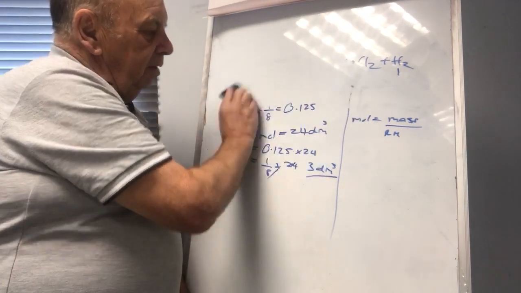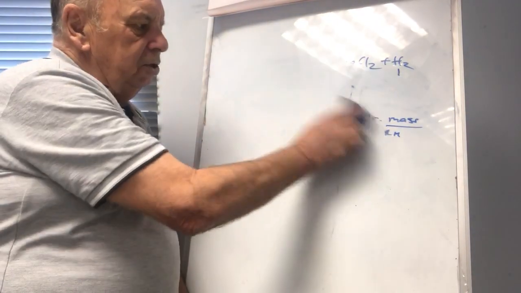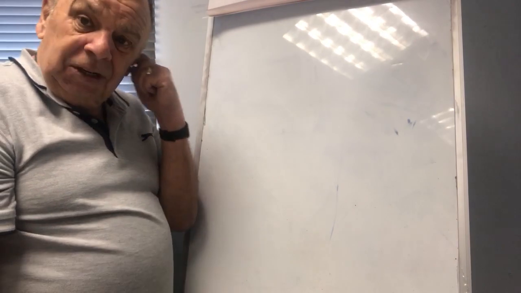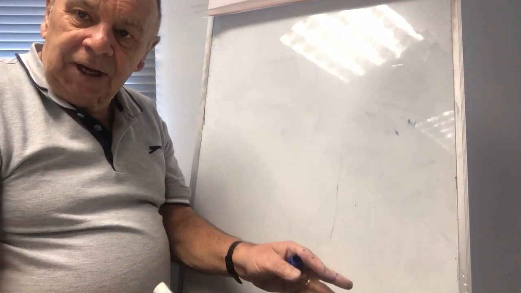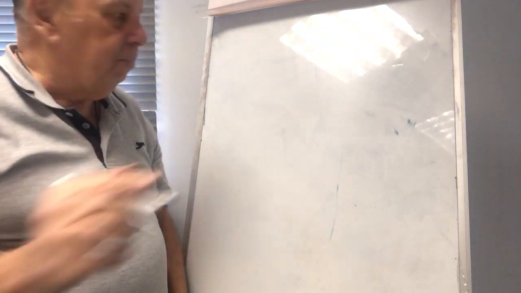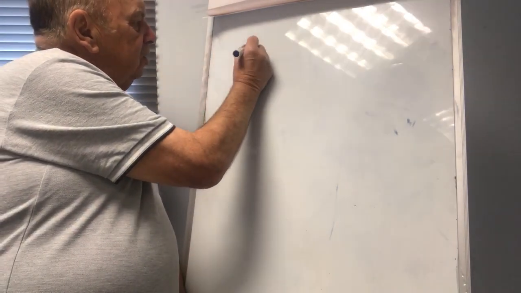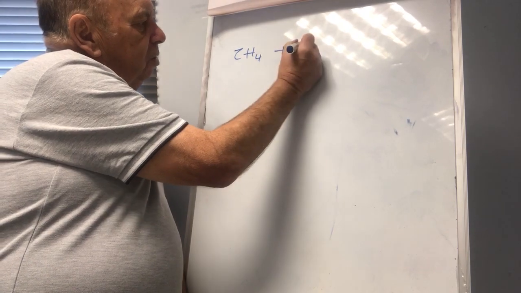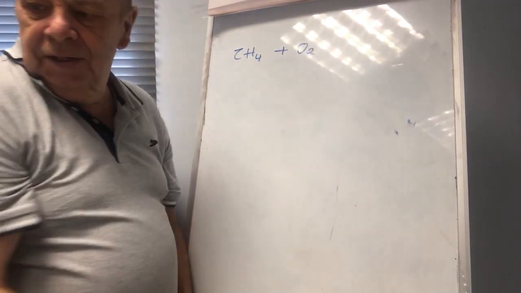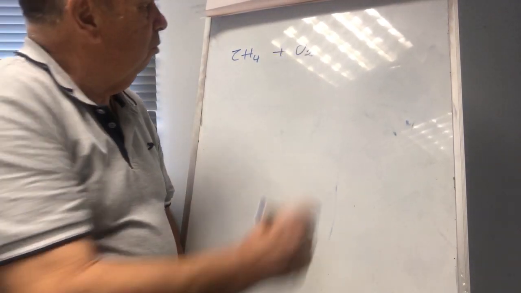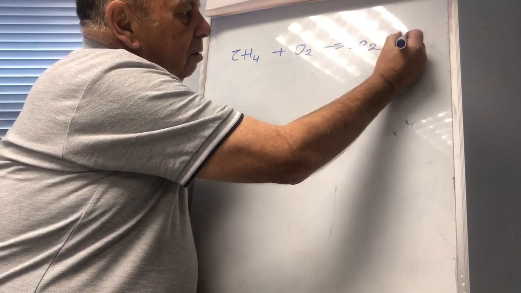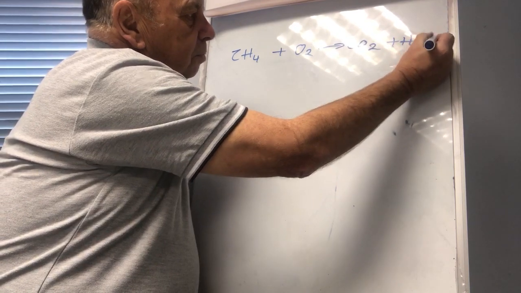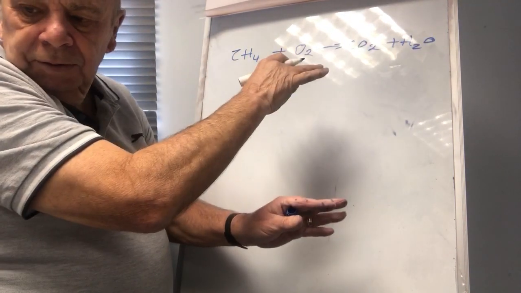We're almost there now. Like I said, this subject does cause people a bit of grief. Now, I can use the principle of moles to balance an equation. For example, methane gas reacts with oxygen, easy peasy, to form carbon dioxide and water. It's not balanced.